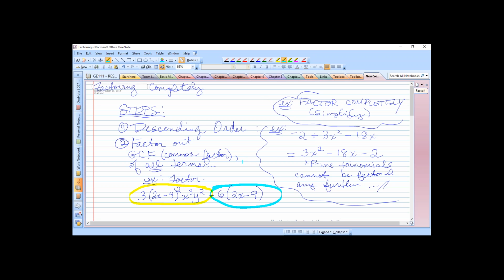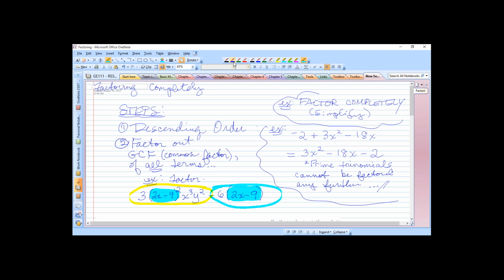If you expand your view a little further, there's what we would call a common binomial factor. Look in the second one, we see this in the parentheses, this 2x minus 9. And in the first one, you also see 2x minus 9.